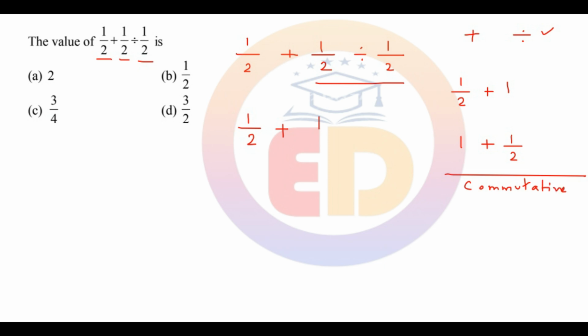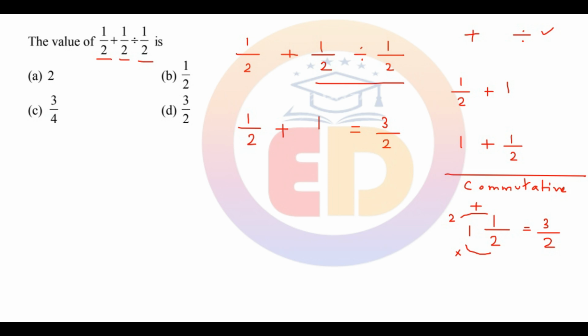And remember, 1 plus 1 by 2 is actually 1 whole 1 by 2. 1 whole 1 by 2, this is 2 multiplied by 1, which is 2, plus 1, 3 by 2.